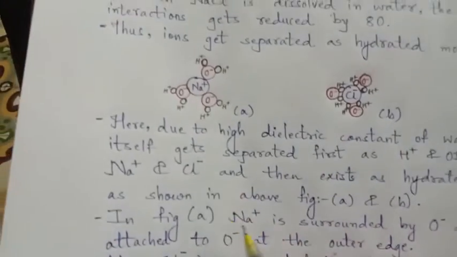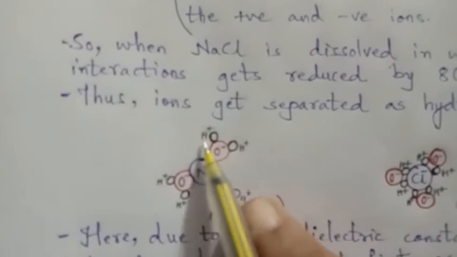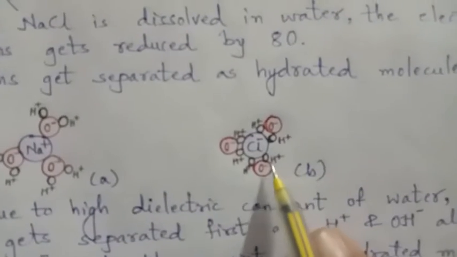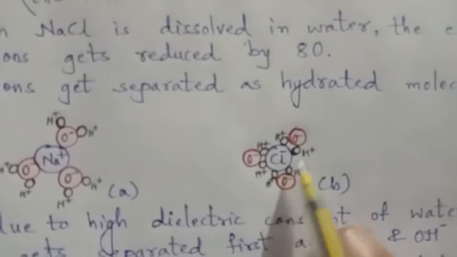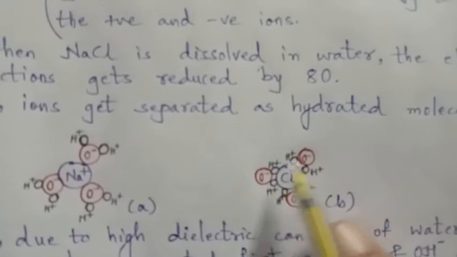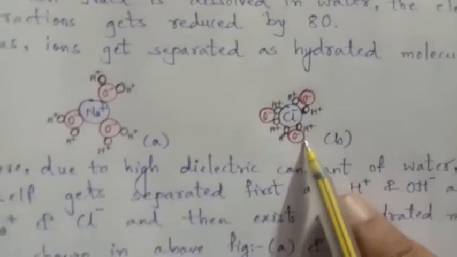In figure A, Na+ is surrounded by O- and O- is attached to H+ at the outer edge. In figure B, Cl- is attached to H+ and H+ is attached to O- at the outer edge.